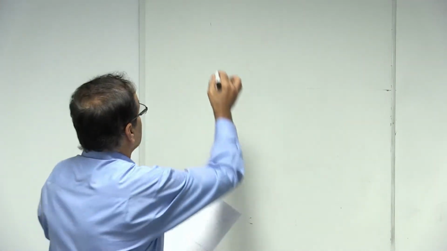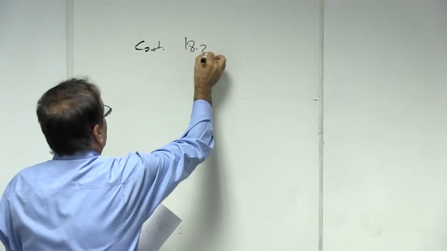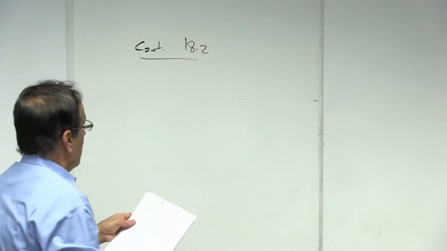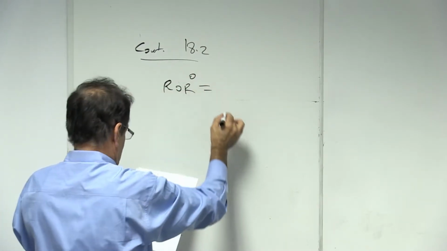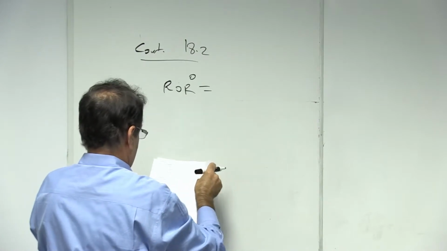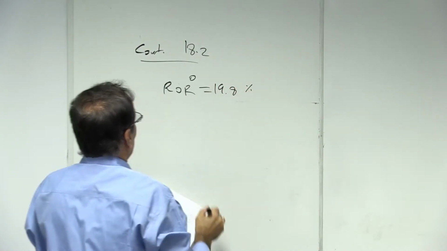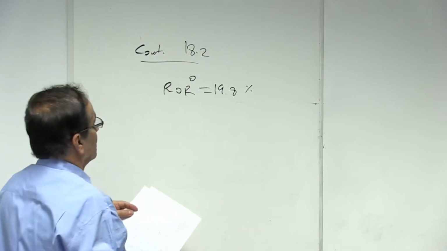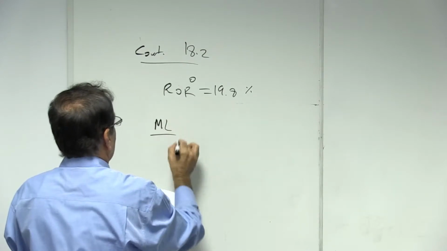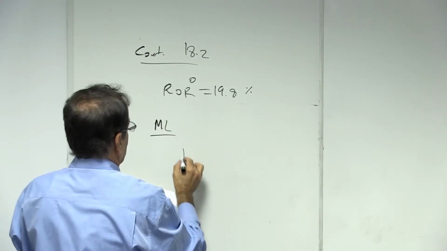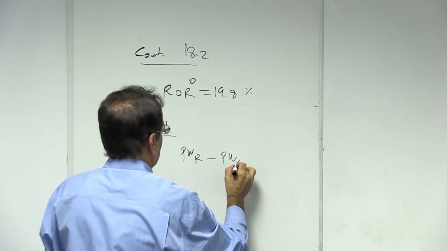We're going to continue with example 18.2. I found the rate of return for optimistic was 19.8%. Now I'm going to find the rate of return for most likely. The equation is present worth of revenue minus present worth of cost equals 0.